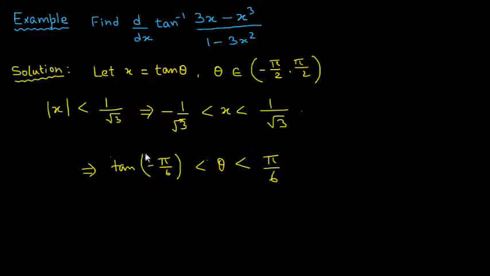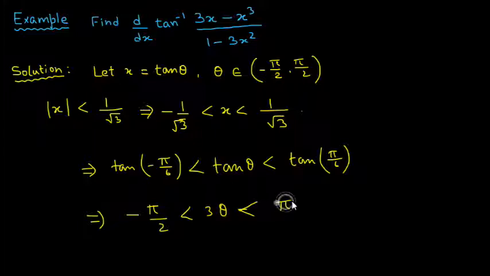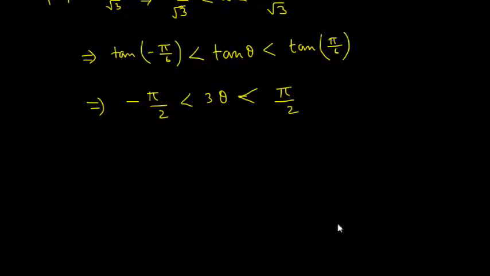So we can write it in this way, which implies that 3 theta lies between minus pi by 2 and pi by 2, since here we have multiplied the entire inequality by 3.